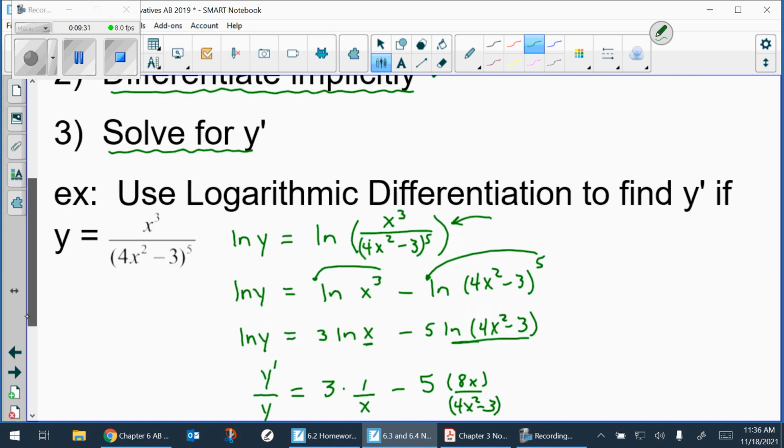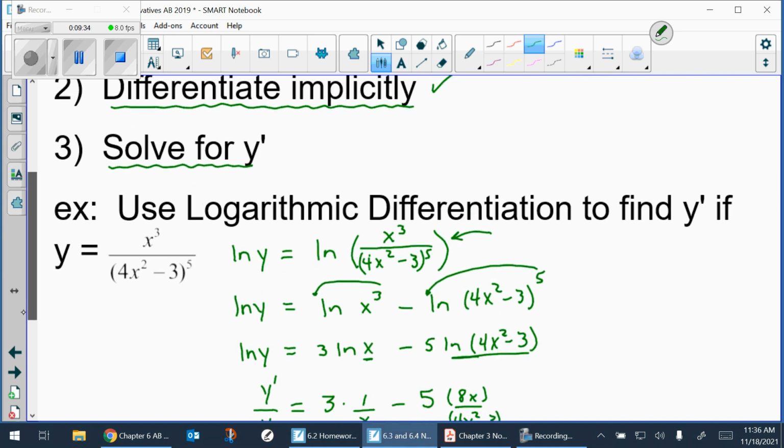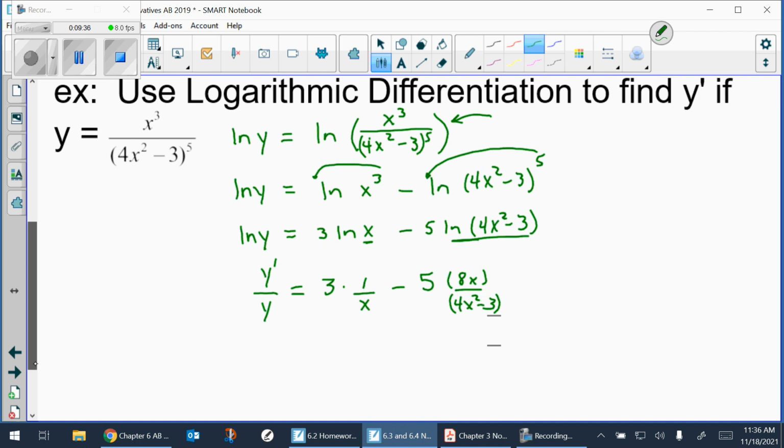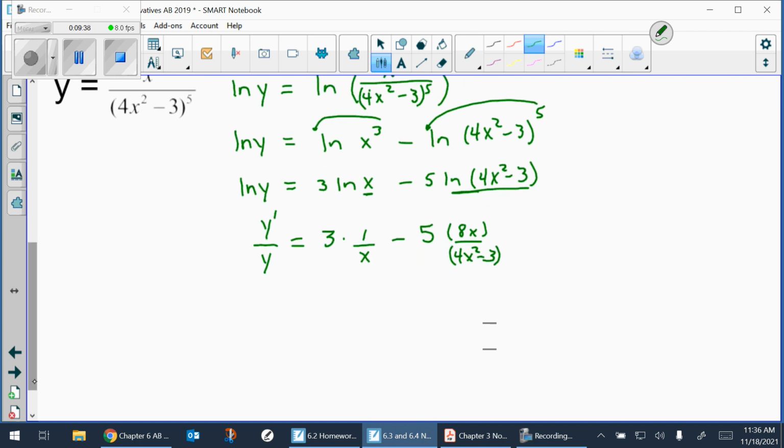Okay, awesome. I have taken the derivative of both sides. Now I've got to solve for y prime. And what I'm going to do is I'm just going to multiply both sides by y. And that's going to leave me with y prime equals.